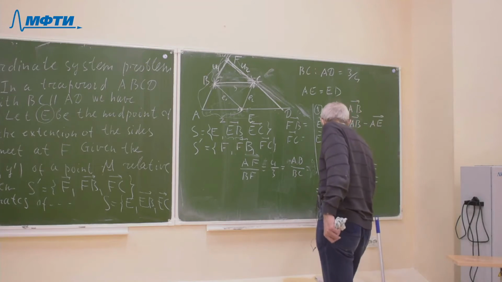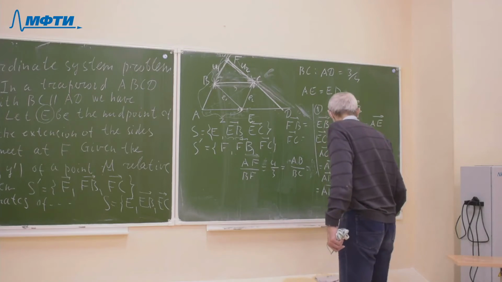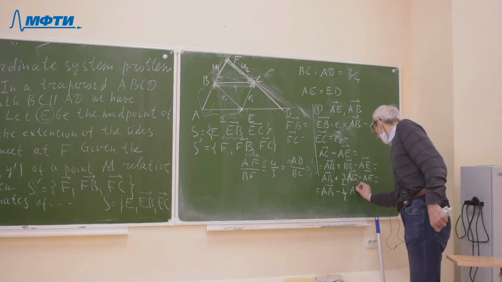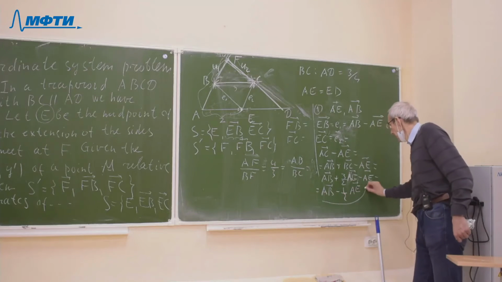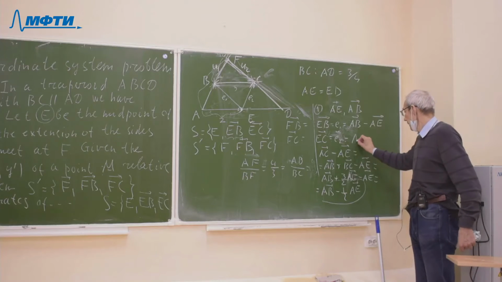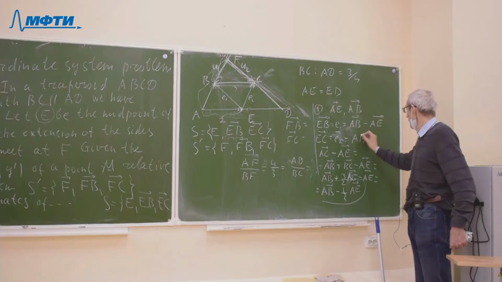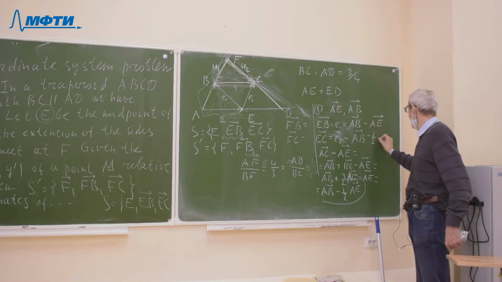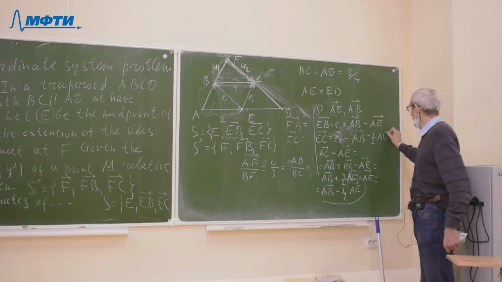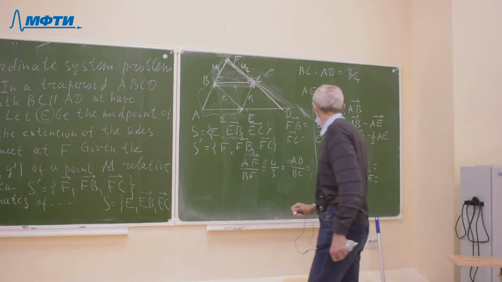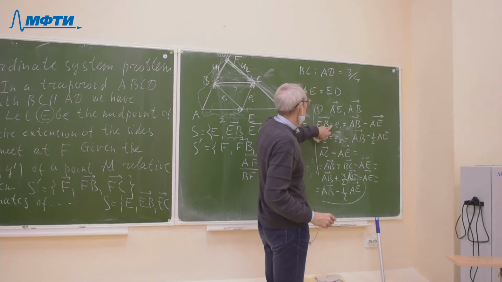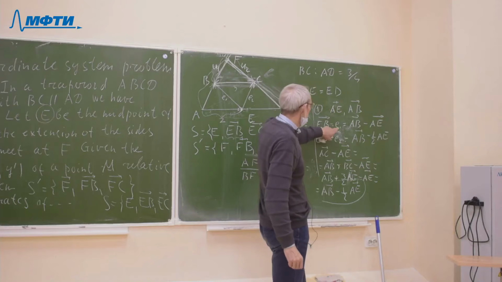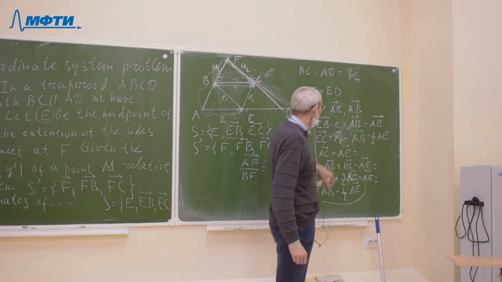And we obtain the difference AB minus AE. So we obtain the following expression: AB minus AE. And we obtain this expression, the vectors of the old basis in terms of the new basis.